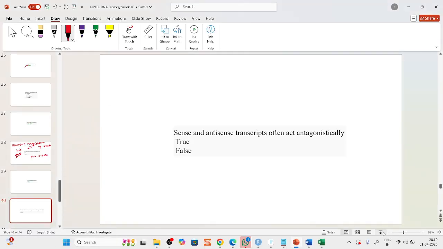So, sense and antisense transcripts often act antagonistically to each other. True or false? It is true. Sense and antisense regulate gene expression by acting antagonistically to each other.